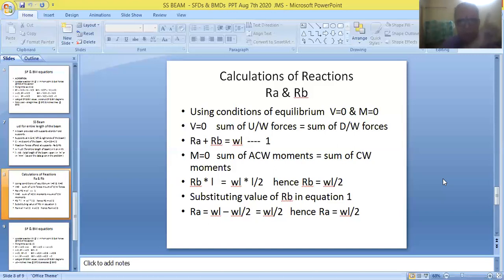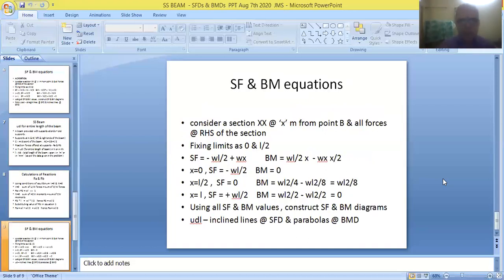We have made calculations in the first case and on these lines we have to make the calculations so far as UDLs are concerned. Now friends, we have to follow the same procedure which we have done in the first case.